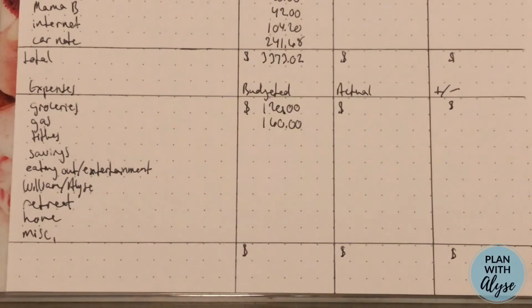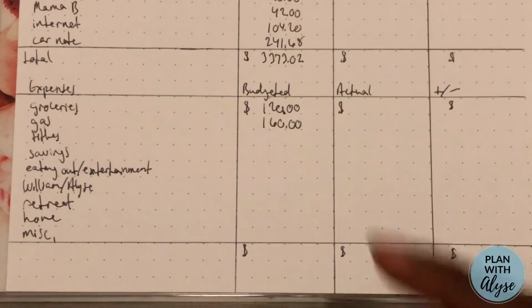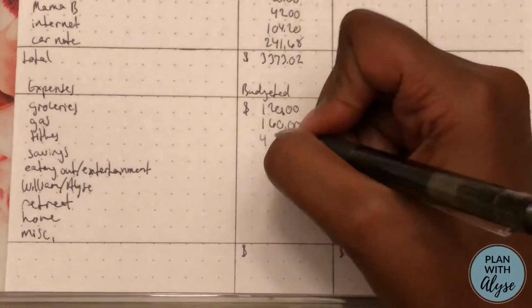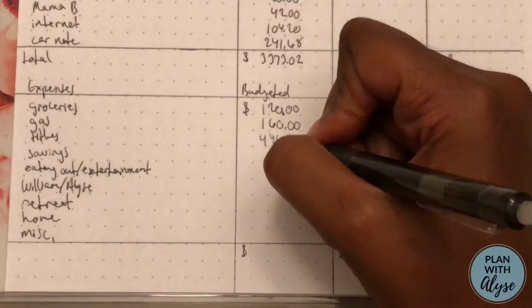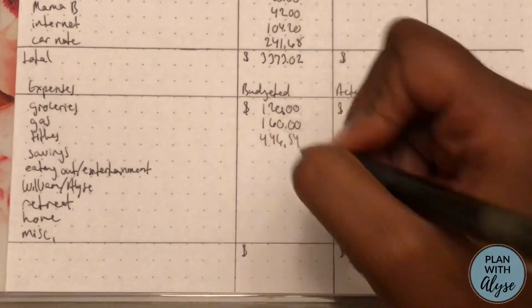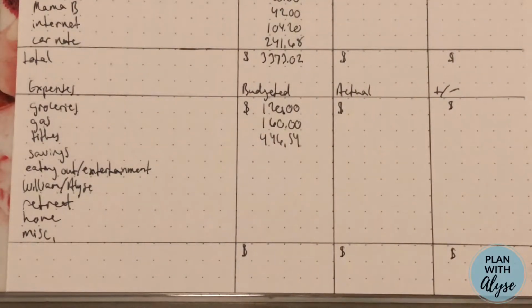And then for our tithes, let's see what that'll be. I'm gonna say around 446.54. That's the only thing with budgeting, you're not gonna know exactly what your tithes are if you work not salary, where you make exactly the same thing every time.